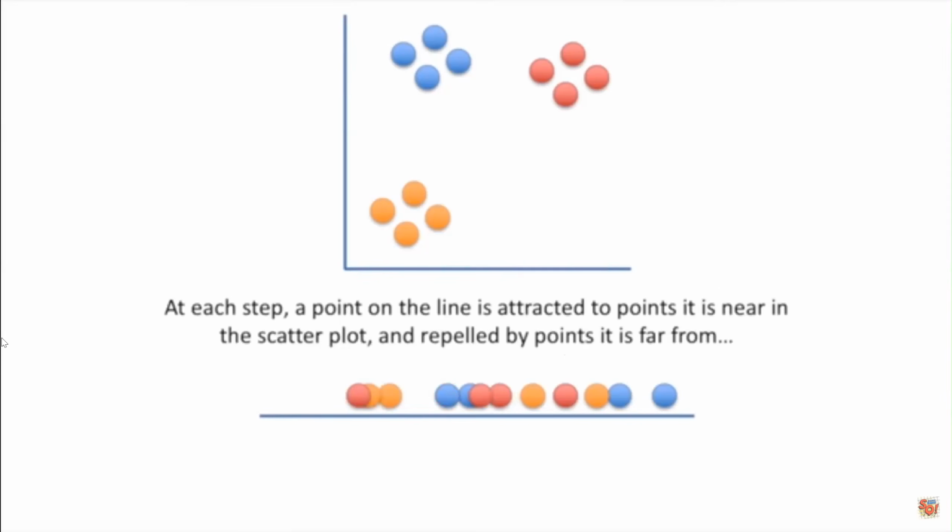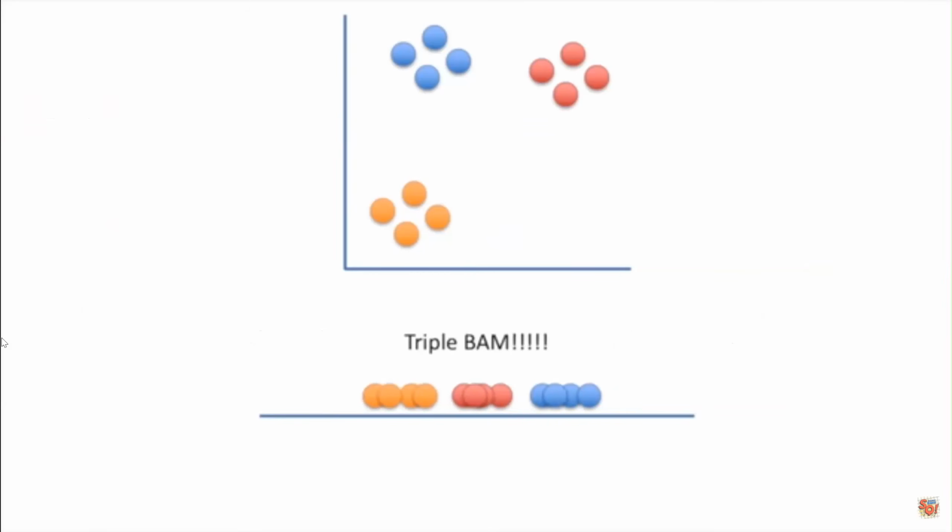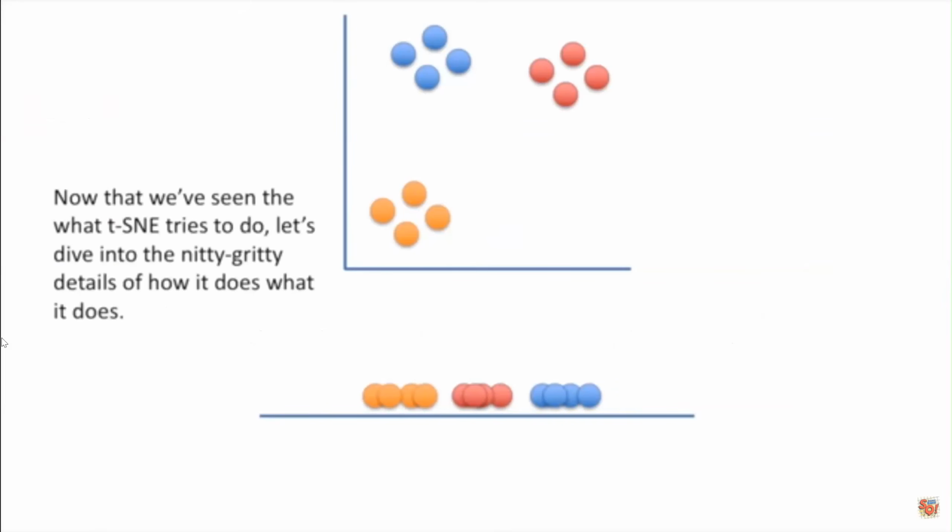At each step, a point on the line is attracted to points it is near in the scatter plot and repelled by points it is far from. Triple bam!